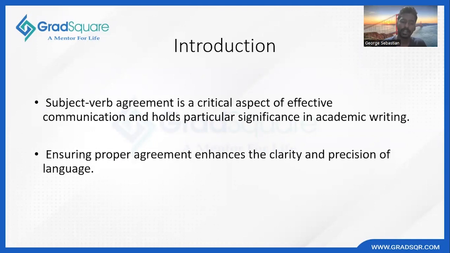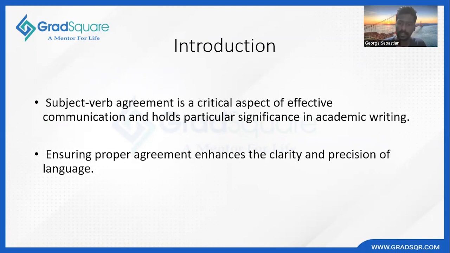Taking apart the examination point of view, we all know that subject-verb agreement is a very critical aspect of effective communication and also of academic writing. Whenever we obey the rules of subject-verb agreement, we make sure that we are using very formal language. We are enhancing whatever we are communicating.